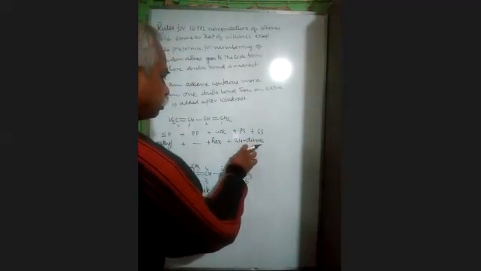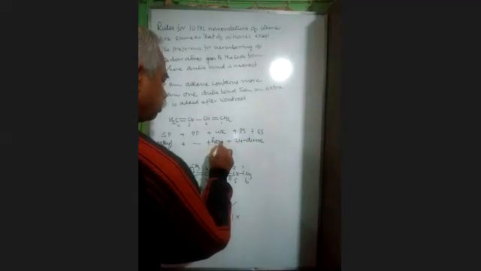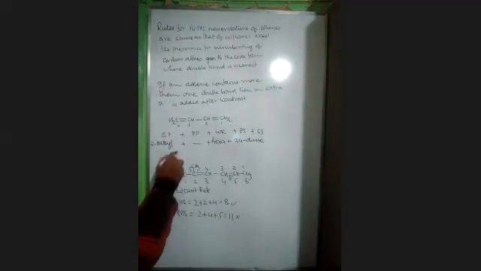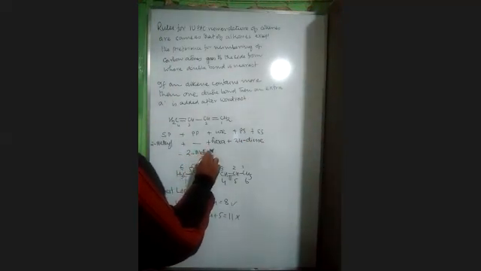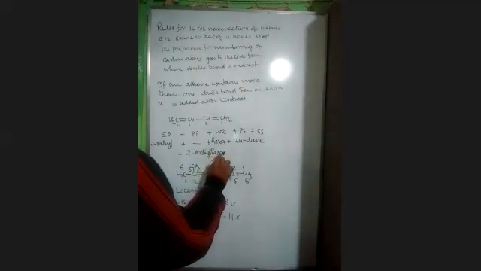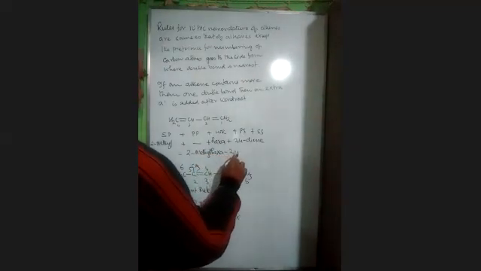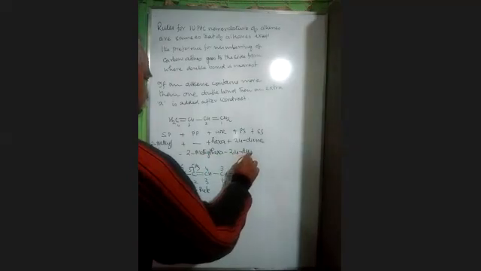Yes, because we have more than one double bond, so we have to consider this. So it will be 2-methylhexa-2,4-di.